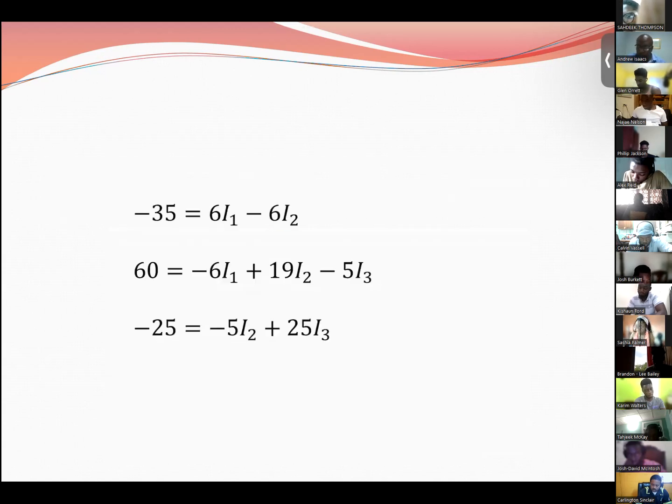So you have the three equations for mesh 1, 2, and 3.